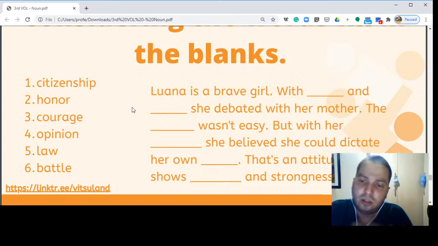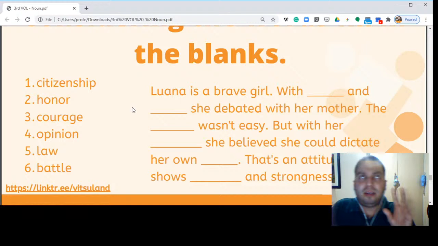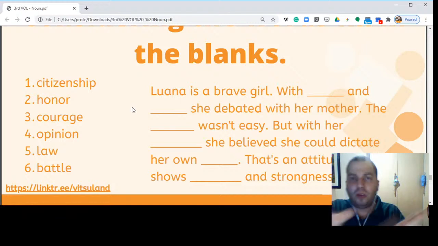Okay, so we have Luana is a brave girl. With blank and blank, she debated with her mother. In this case, we can use different orders, because "and" is a conjunction that allows some flexibility. So you can change the order without changing the meaning, yeah?